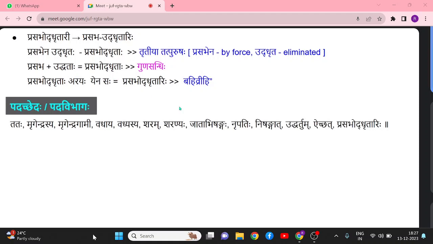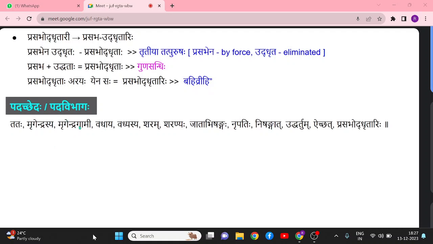So okay, we didn't do the padaccheda: tatah mrugendrasya mrugendragami vadhaya vadhyasya sharam sharanyah jatabhishangah nripatih nishangat uddhartum aichhat prasabhoddhrutarih.